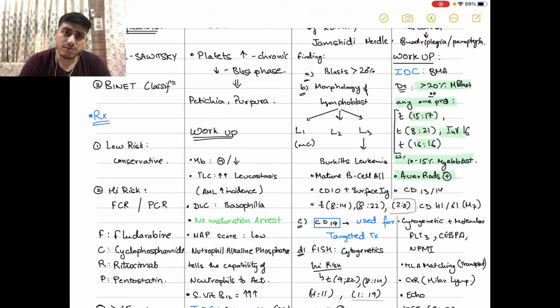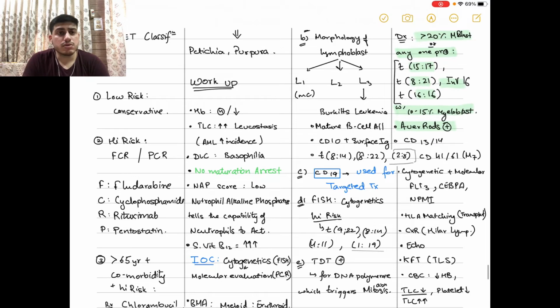Now the lymphoblast itself has a morphology, and there are three varieties: L1, L2 and L3. L1 is the most common one, and L3 are the kind of blasts that are also seen in Burkitt's lymphoma. They are also associated with mature B cell ALL, so CD10, surface Ig, and then translocations t(8;14), t(8;22) and t(2;8).